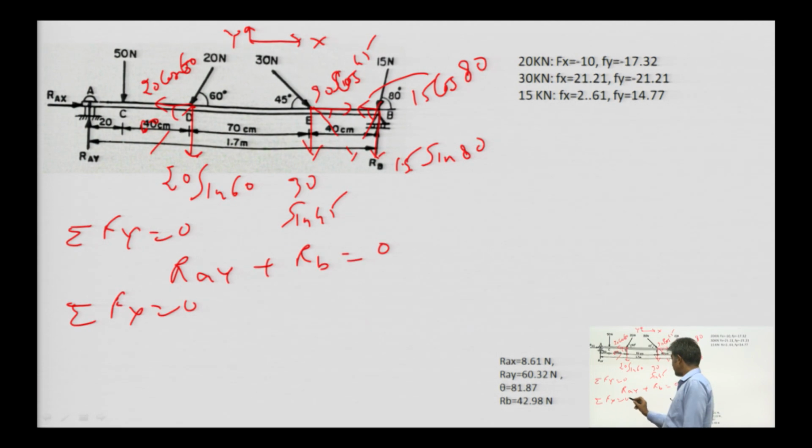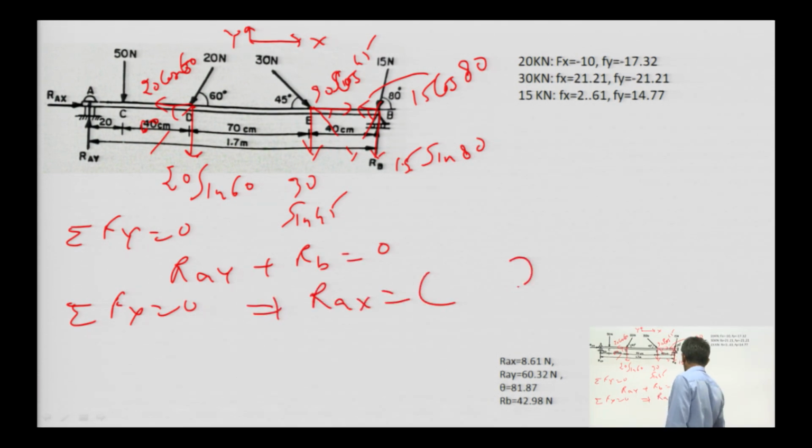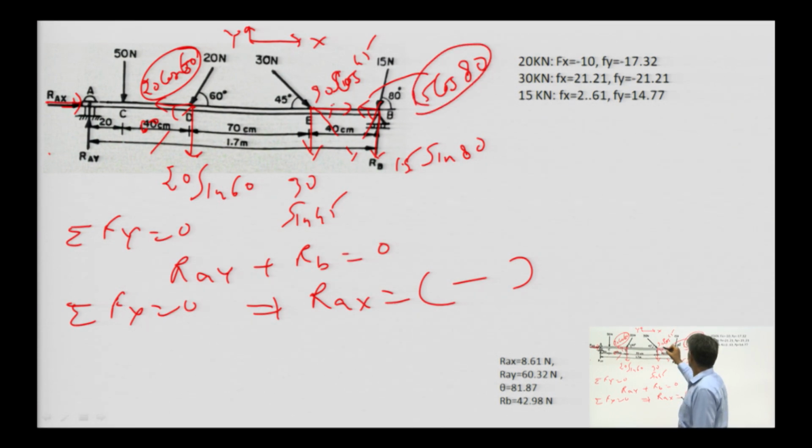By applying sigma Fx equal to 0, you will get the RAx value. Since the horizontal x value is acting, it will be this one value plus this one value minus this one value. This will be the value of RAx.